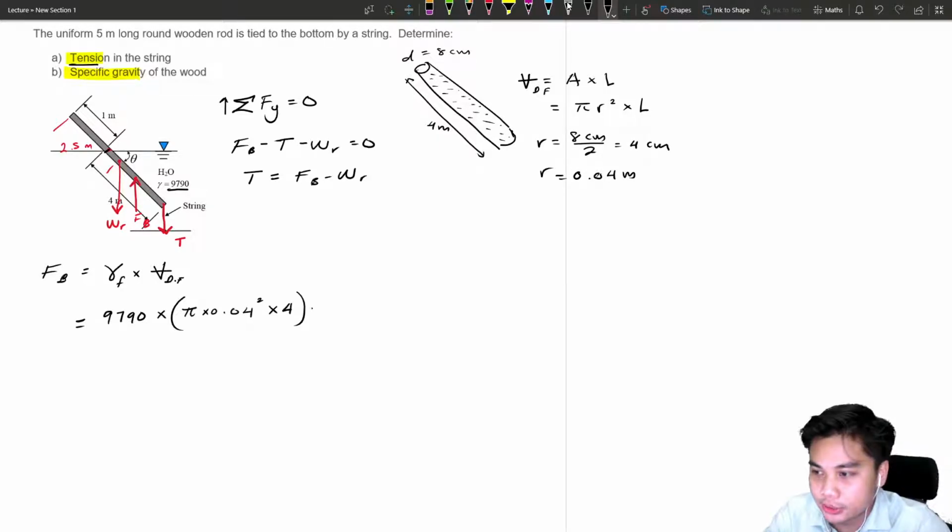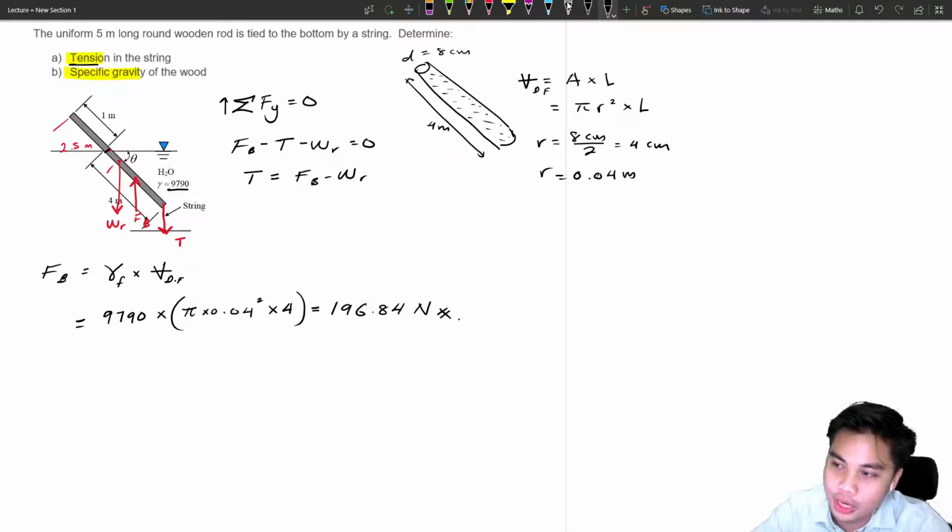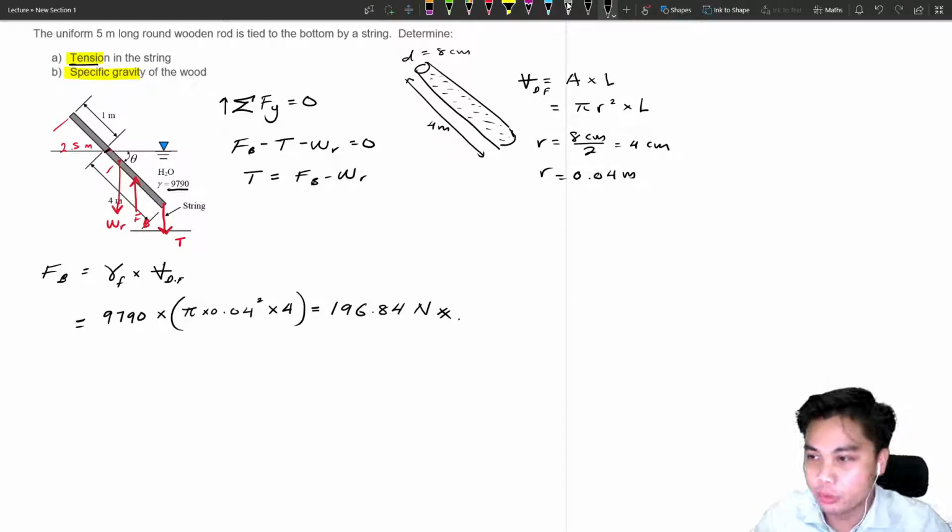Based on this, the buoyancy force is equal to 196.84 Newton.